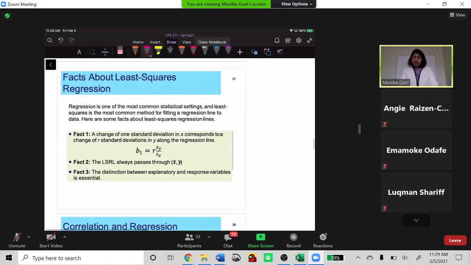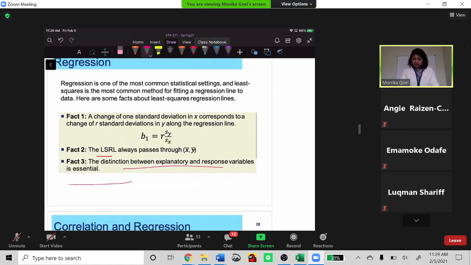Facts about the least square regression line. We talked about a few facts before that we need to know: there is a correlation, and there should be a distinction between explanatory and response variable. One important thing, the least square regression line always passes through the mean of that bivariate data set.